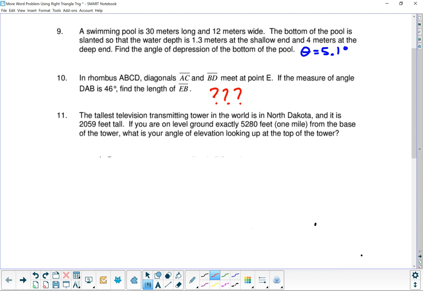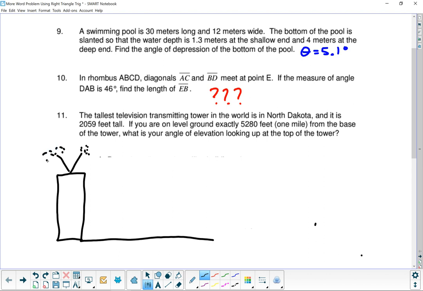The tallest television transmitting tower in the world is in North Dakota, and it is 2,059 feet tall.